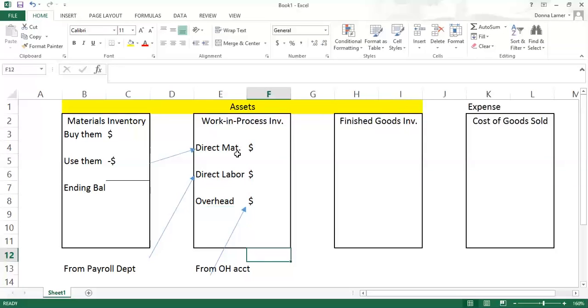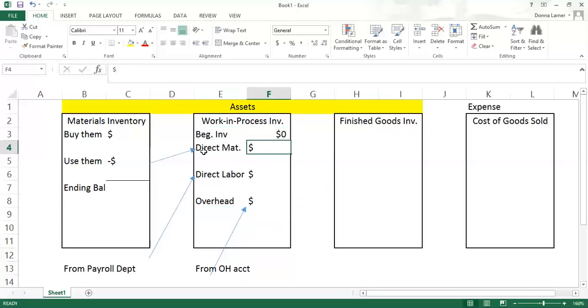So as goods are being made, direct materials, direct labor, and overhead are dumped into the work in process account. Let's assume that there were no items half done, partially done as the month began. So they began with 0 in their work in process.